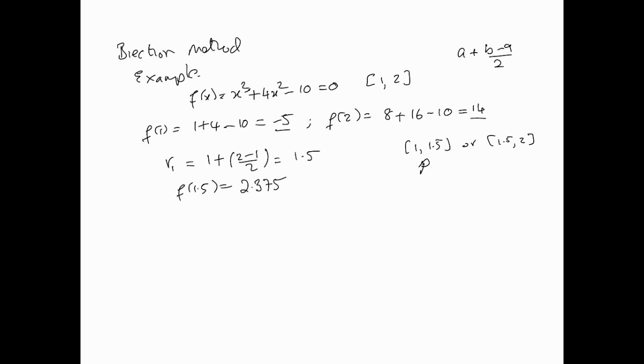So that means what we'll now do is look at the midpoint of 1 and 1.5. Therefore R2 is going to be 1 plus 0.5 divided by 2, so it's equal to 1.25. That's our R2, our second attempt at the root.